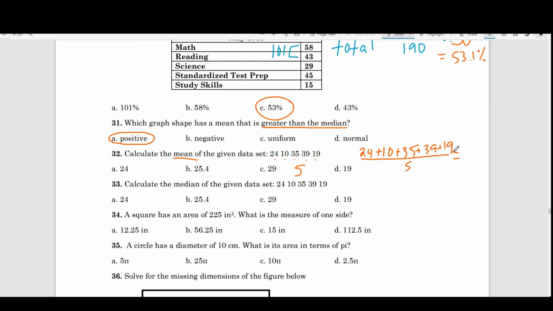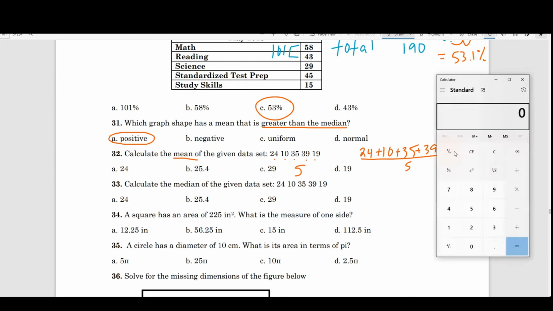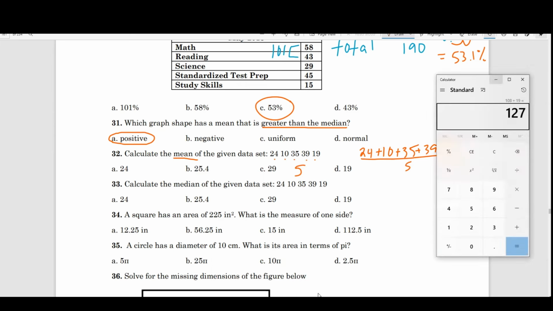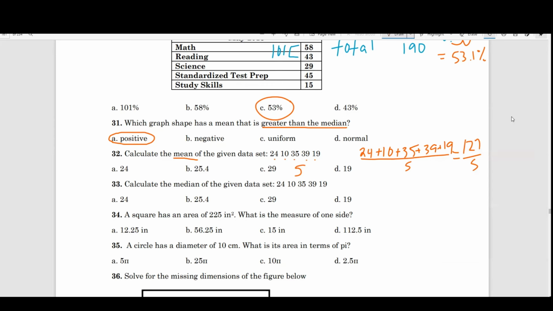If we go ahead and do the math, that gives 127. And then we did 127 divided by 5, which is 25.4, which is B.